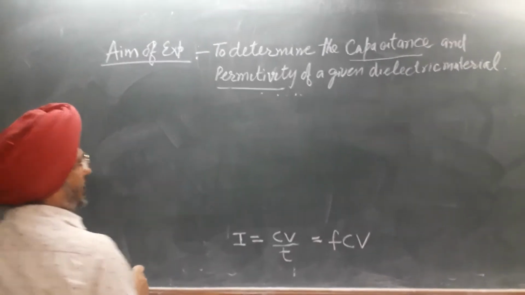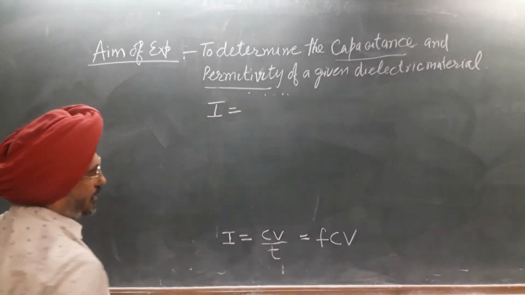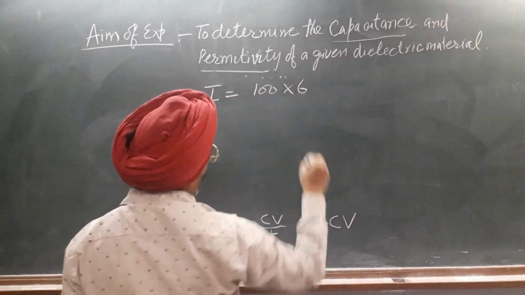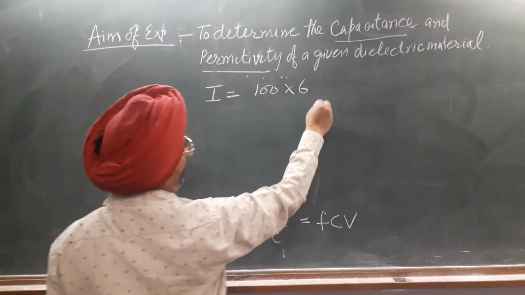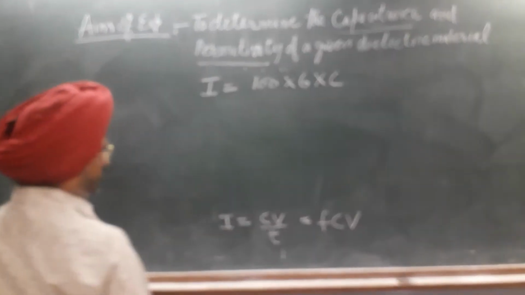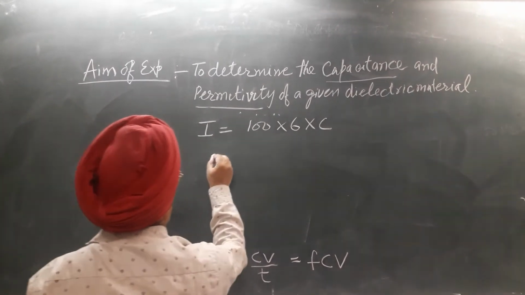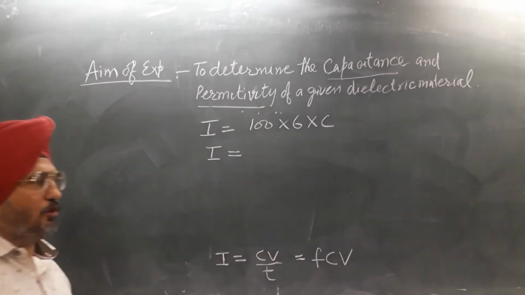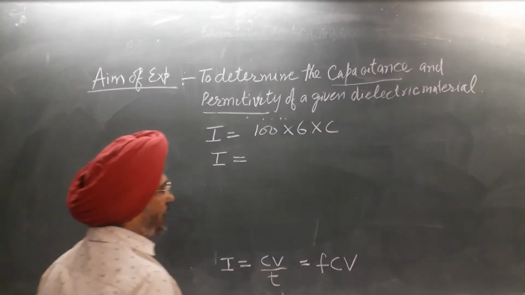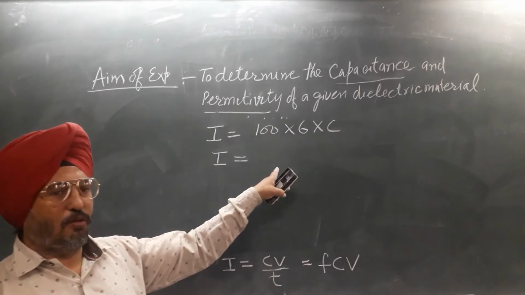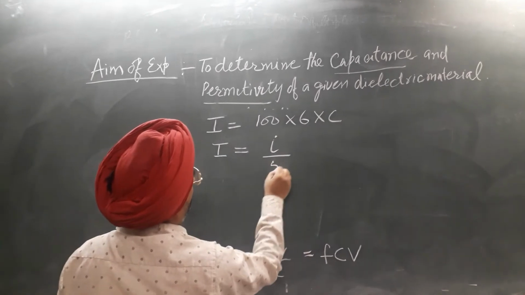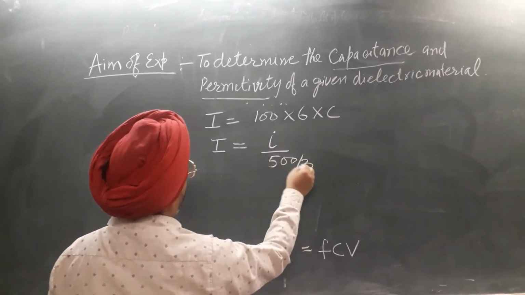we obtain I equal to 100 hertz into 6 volt into C. The current flowing into the microammeter is amplified by a gain of 500 by 3, so the actual current is I upon 500 by 3.